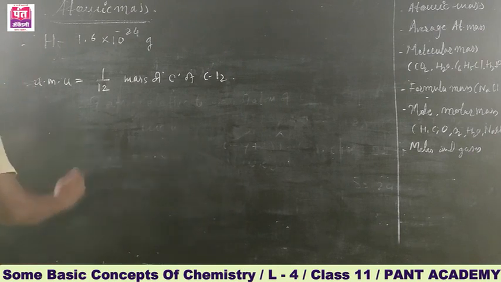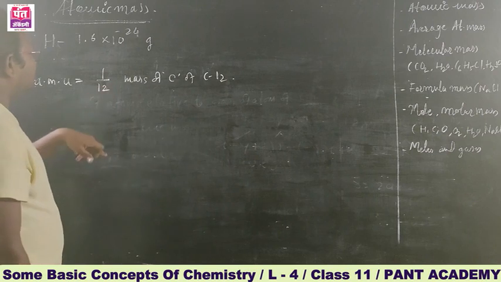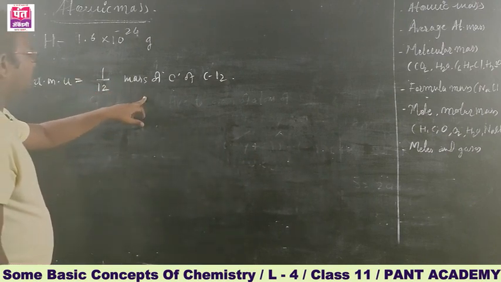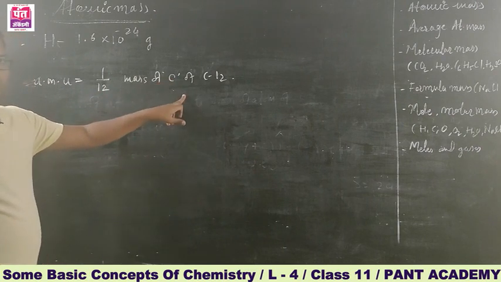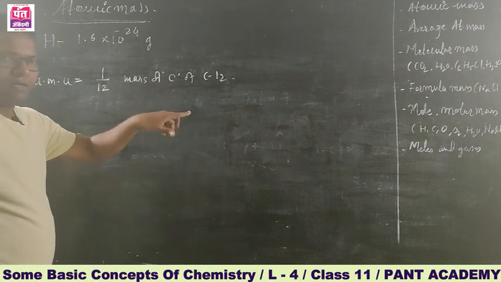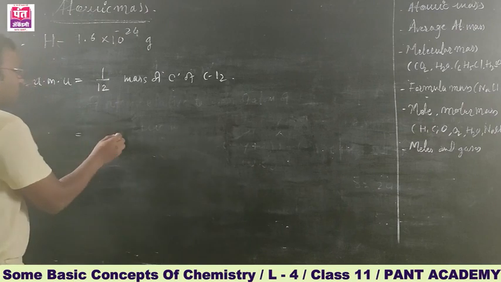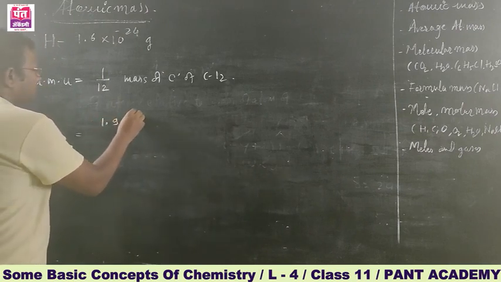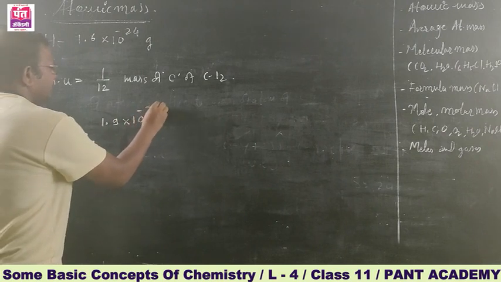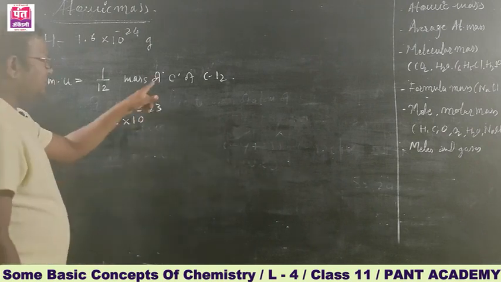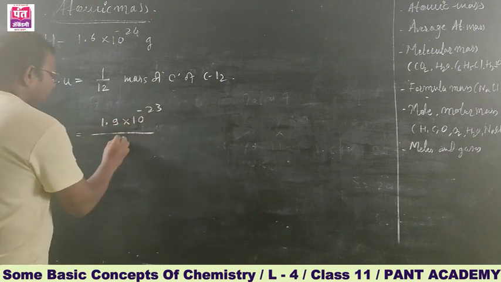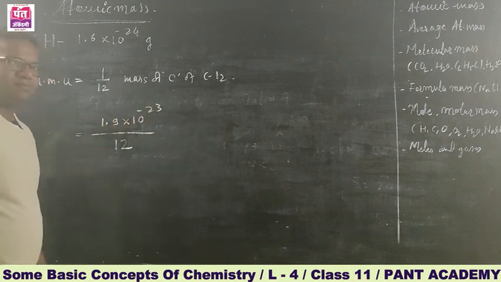आपलं काय मिळते बघूया. So it is equal to 1/12 of the mass of carbon. आता 1/12 mass of carbon किती बघितलं आपण? Or we can have the mass of carbon is 1.9 into 10 raised to minus 23. It is the mass of carbon atom. So 1/12 means divided by 12.